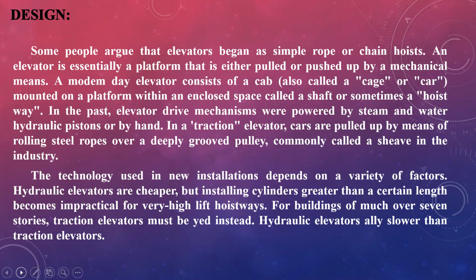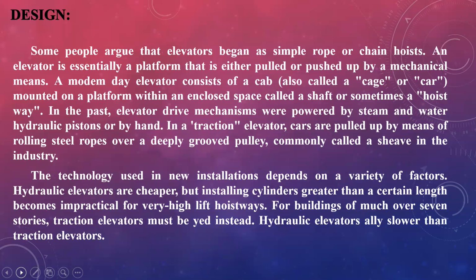Design. An elevator is a platform which is either pulled or pushed by mechanical means. In modern days, an elevator consists of a cab, which is also called a cage or car, which is mounted on a platform within an enclosed space called a shaft or sometimes a hoistway.